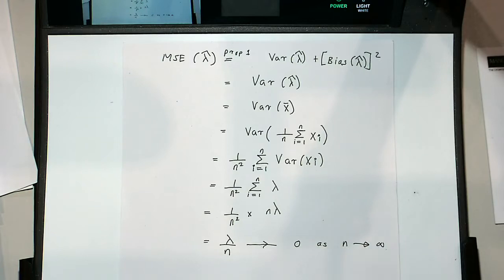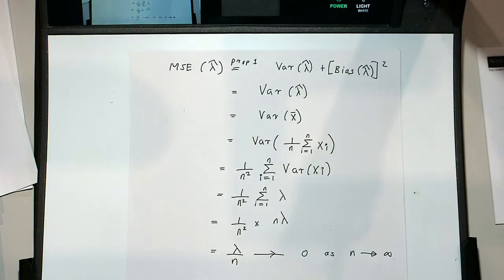Now remember, this is the property of, all right, let me show you. You see that an estimator is said to be consistent if the limit of the MSE as n approaches infinity is 0. So that's the case here. We have the limit of the MSE as n approaches infinity becoming 0, right?